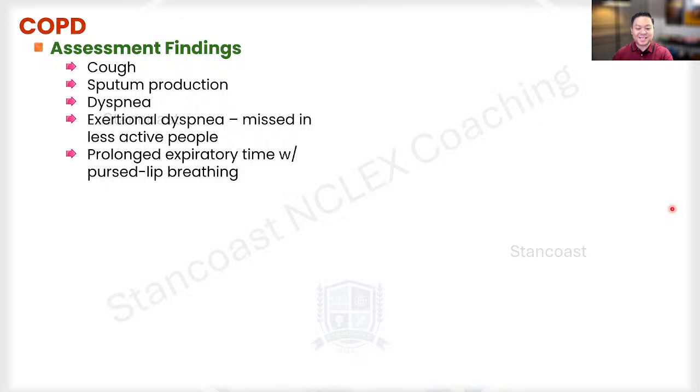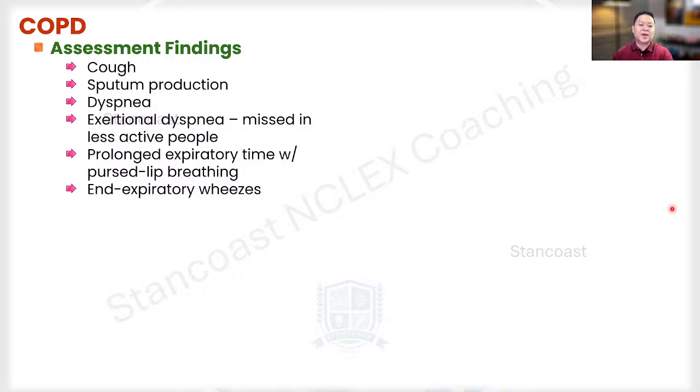All right, so this is classic to COPD patients. Along with that, they're going to have end expiratory wheezes when you're auscultating them. That musical sound that you hear when you're listening to the patient's chest with a stethoscope, that end expiratory wheeze, is very audible.